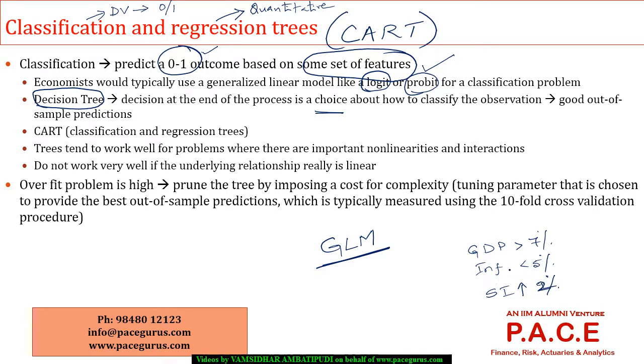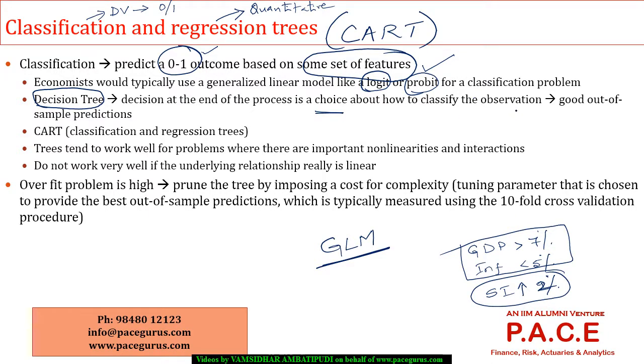So this is how the decision tree typically comes. So various scenarios of the dependent variable, and what is the corresponding scenario of the independent variable. So it's a kind of a choice about how to classify the observations.